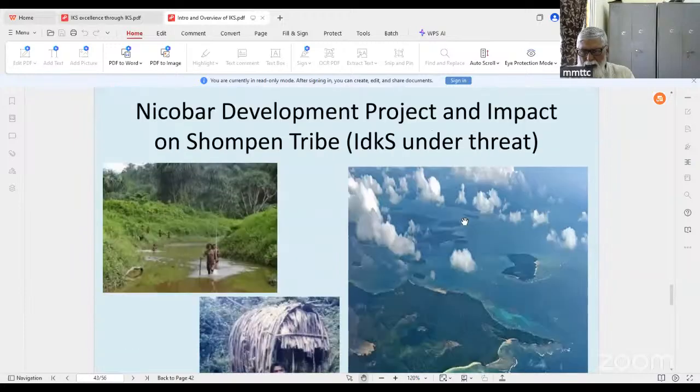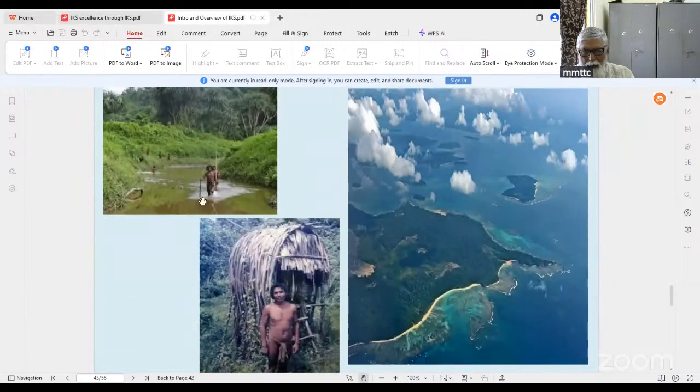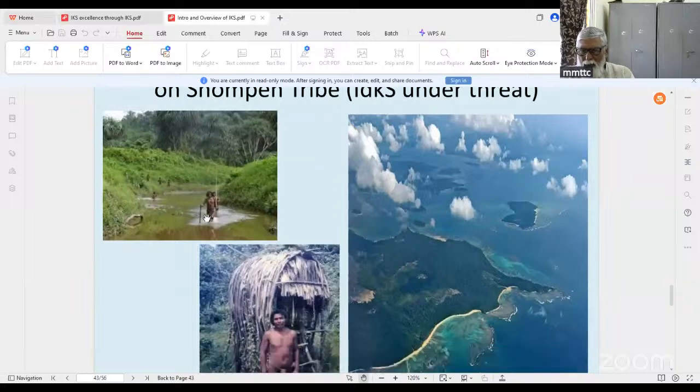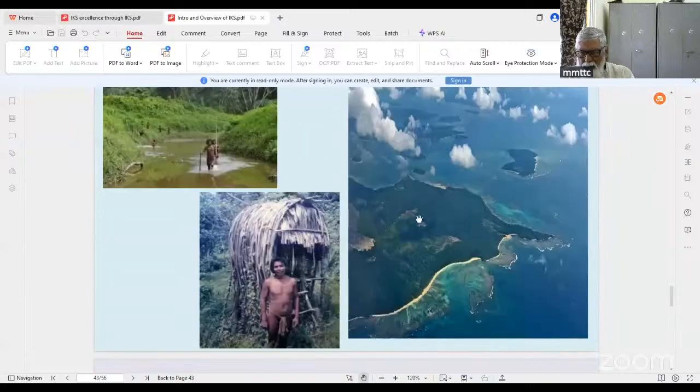In fact, today there is a problem because you look at the Shompen tribe, they live like this even today. This is their hut. That's how they live. Go and fish, catch things, grab something and live. And today this is that Greater Nicobar Island, where this island is being converted into another version of Singapore, and it is going to affect these people.